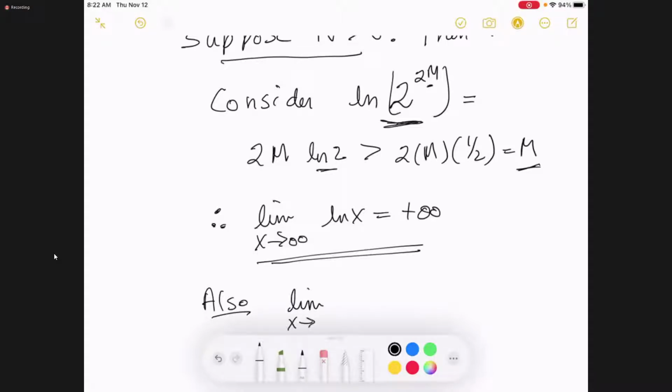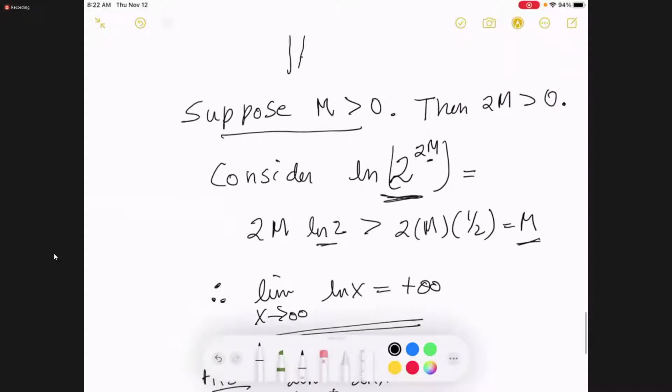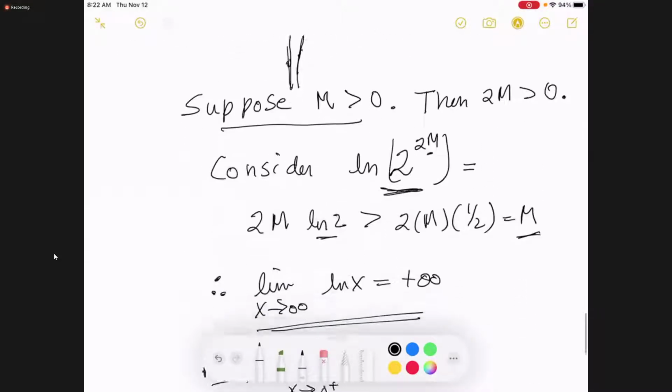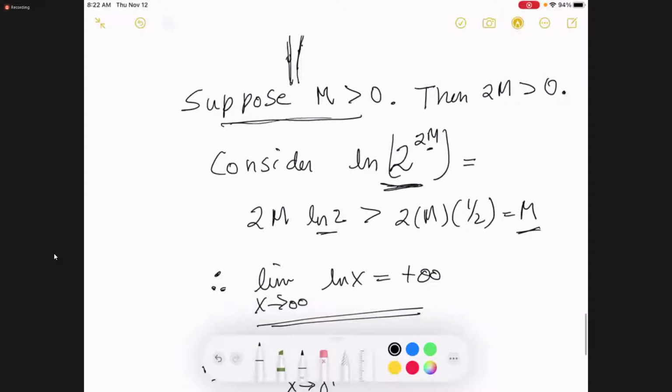Well, it's also true that the limit as x goes to 0 from the right is minus infinity, and for pretty much the same reason. Okay, so this curve goes up forever, no horizontal asymptotes, and the negative y-axis is a vertical asymptote. And why? Well, what if I consider 2 to the minus 2m?